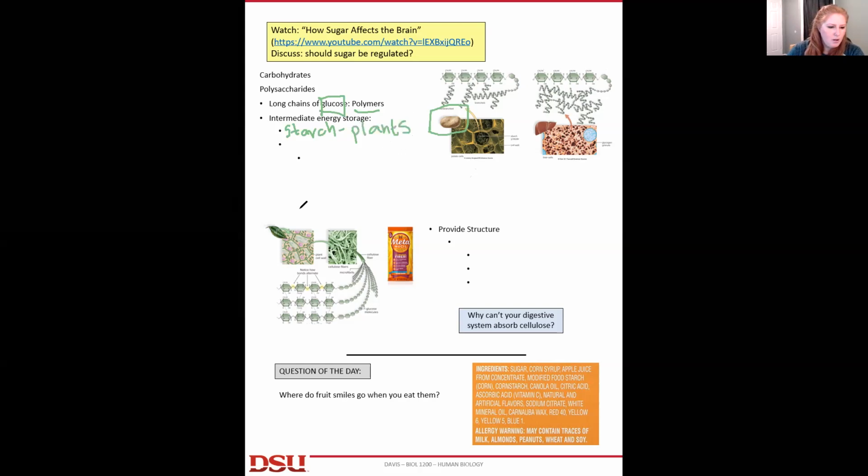And then we have something called glycogen, which you find in animals and humans. Glycogen is stored in a couple of places.